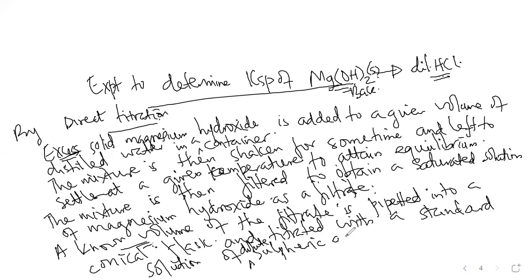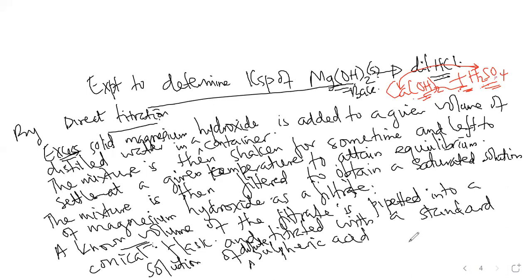But you must be very careful. If we are determining solubility product of maybe calcium hydroxide, then we cannot use sulfuric acid. Why? We are going to again form a sparingly soluble calcium sulfate, and the reaction may not proceed. So sulfuric acid may not work for calcium hydroxide. Hydrochloric acid will work, or nitric. But here sulfuric acid is working since this is magnesium sulfate being formed.